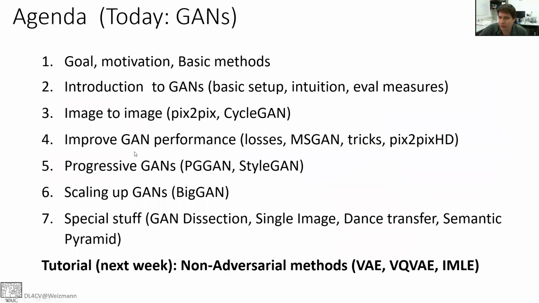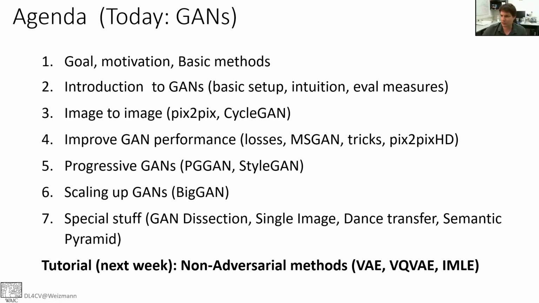So here's our agenda for today. We're going to start with the motivation and what generative models are. Then we're going to do an introduction to GANs, and understand what exactly the challenge is there, what we're trying to do, how you evaluate it and how it works.